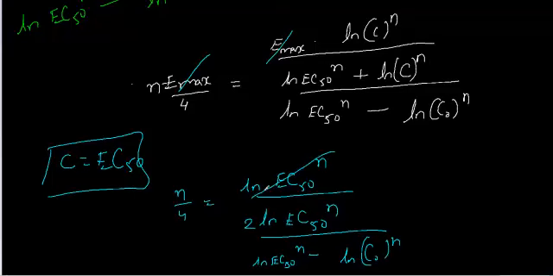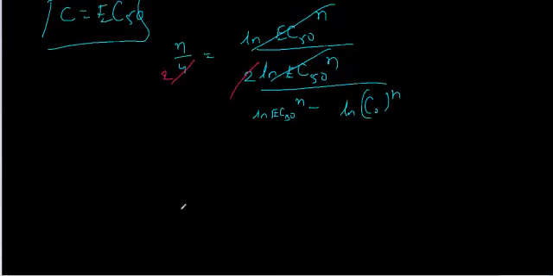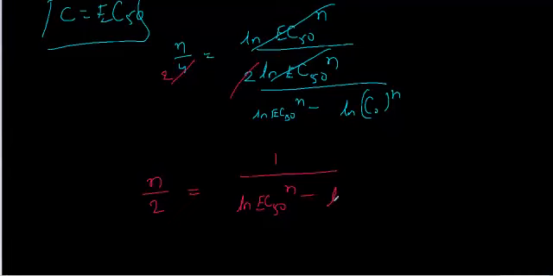So this ln and this one get cancelled, right? I can cancel the 2 by 2. So now what we are left with is n by 2 is equal to 1 by ln of EC50 to the power of n minus ln of C0 to the power of n, right?